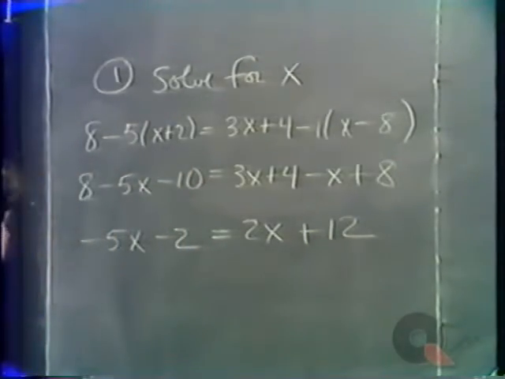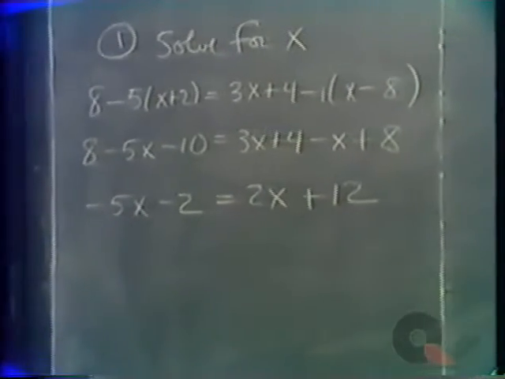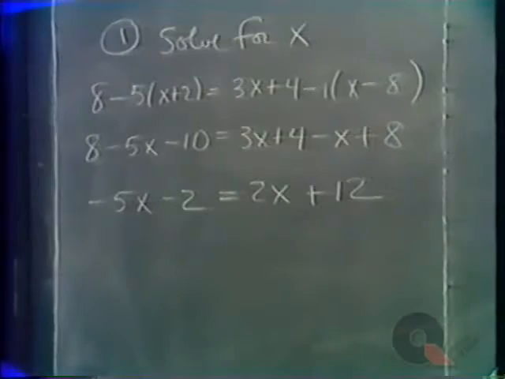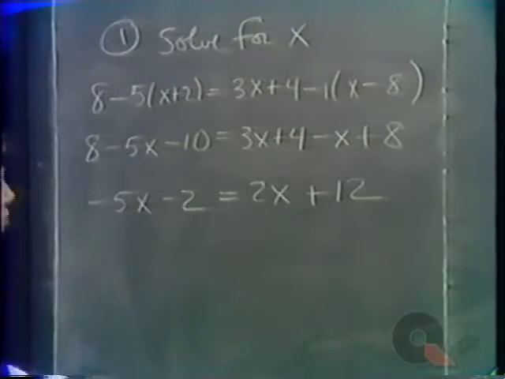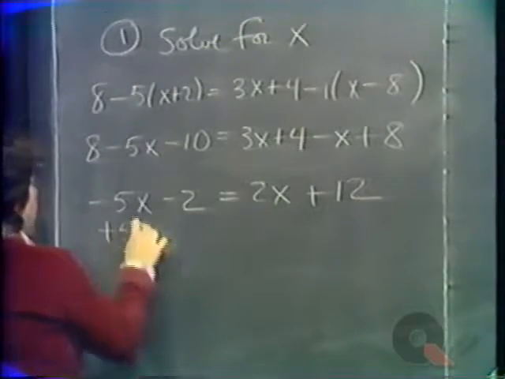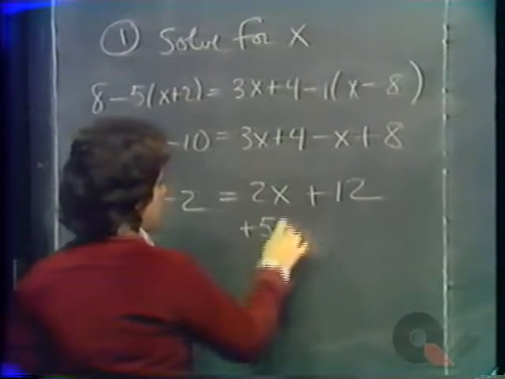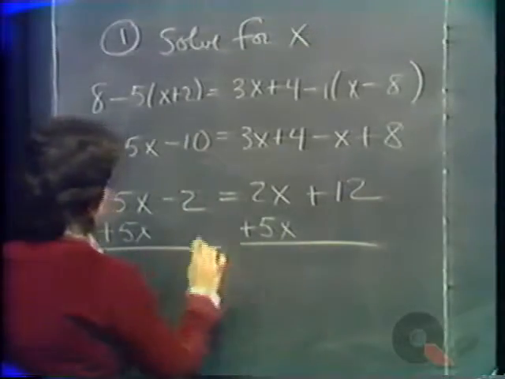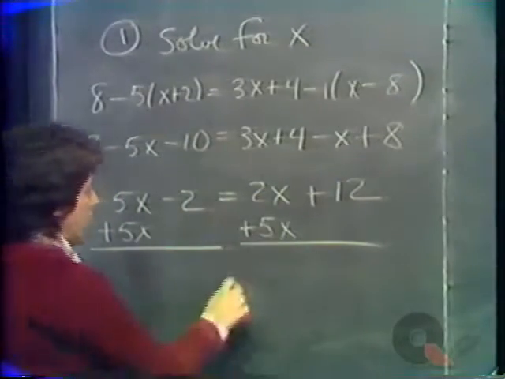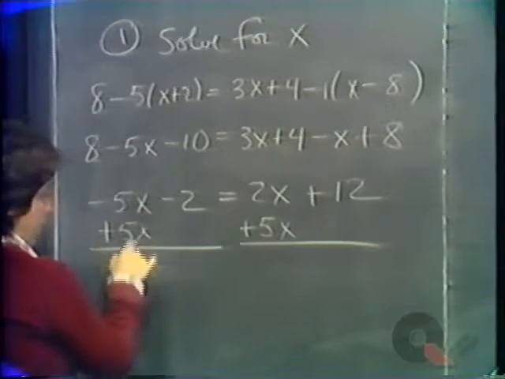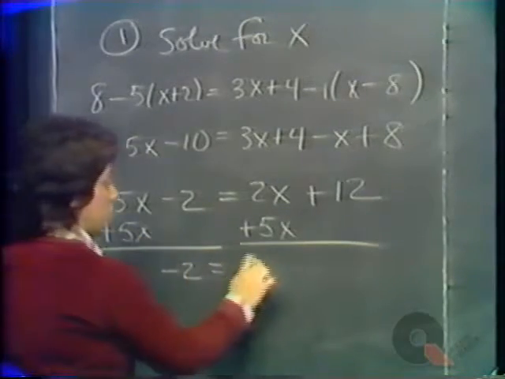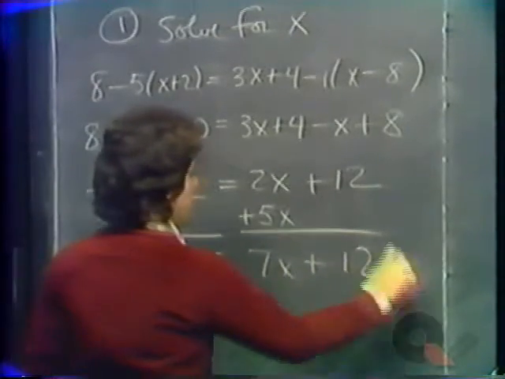All right. Now we'd like to get the terms involving x on one side of the equation and the constant terms on the other. Doesn't matter which way you do it. If, for example, we add 5x to both sides of the equation, we will get all the x terms on the right side. Here the 5x's cancel out: minus 2 equals 7x plus 12.